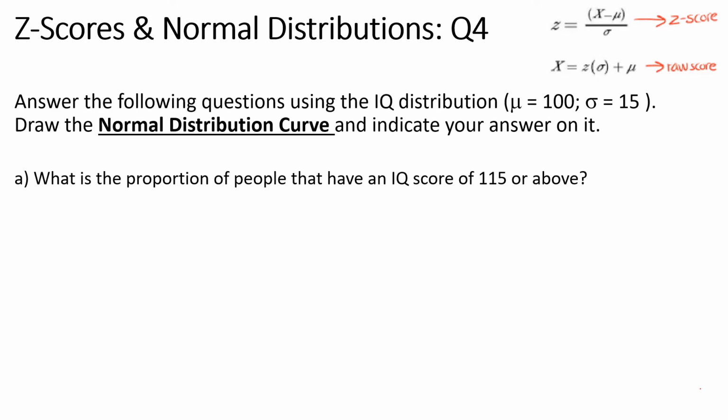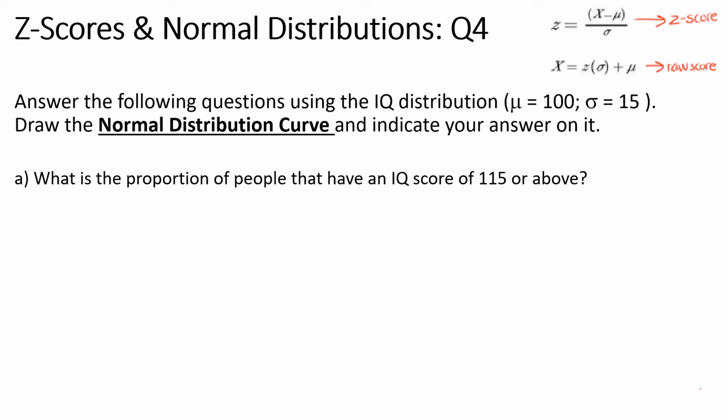So now we have a set of questions that are going to help us understand what z-scores mean conceptually on a normal distribution. This question is asking you to draw the normal distribution curve.